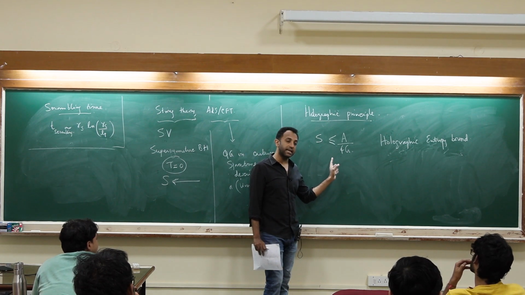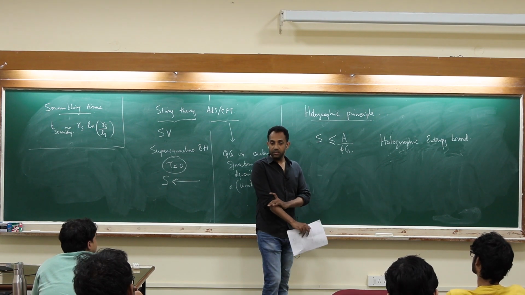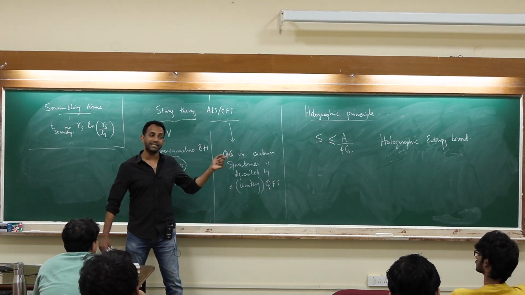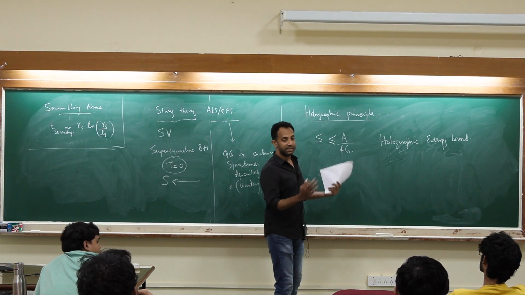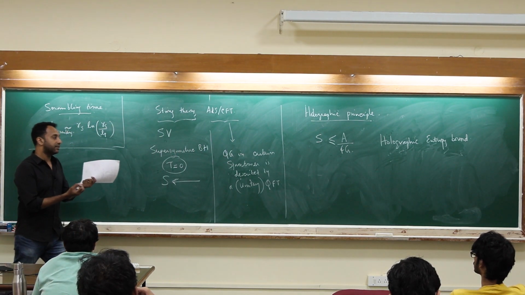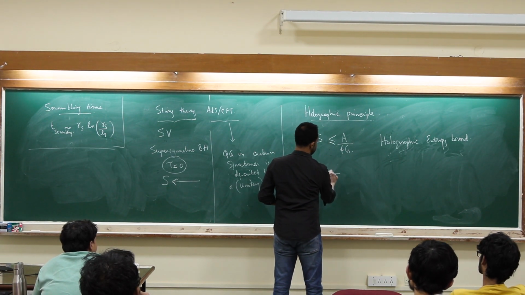But this is in tension with what we expect from quantum field theory. In quantum field theory, entropy is always extensive in volume. Here it is not extensive in volume, it is in area. Roughly speaking, the reason is that the regularization of quantum field theory is a short distance regularization.